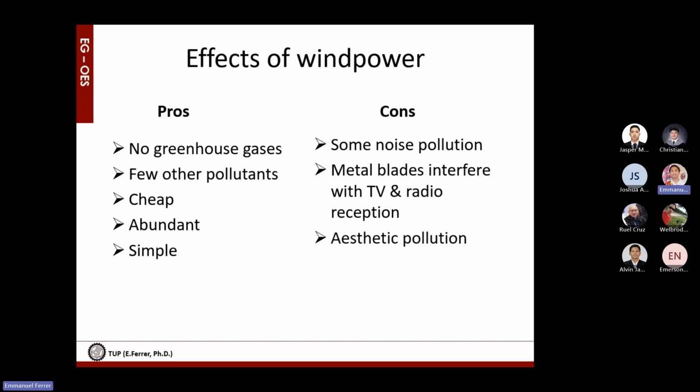And then, it can be an aesthetic pollution kasi structures so big. Okay. So, there's no evidence for bird death daw. Hindi naman nakikita na pumapatay, but it can kill bats. Siguro na-ano sila sa vibration, sa echo na guguluhan sila.